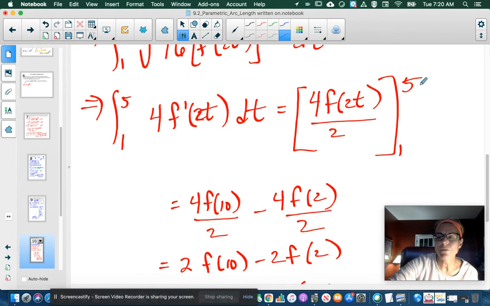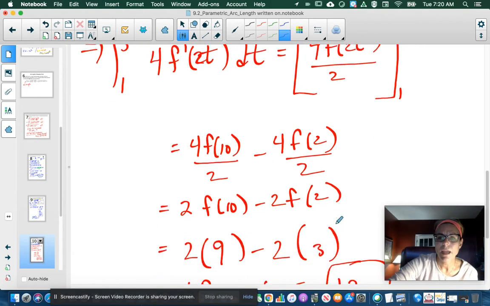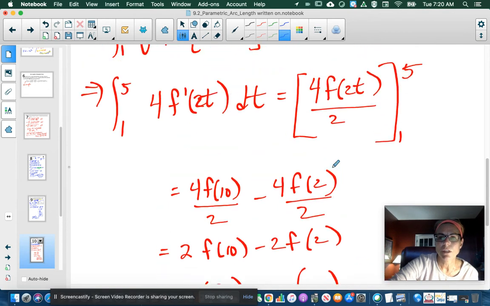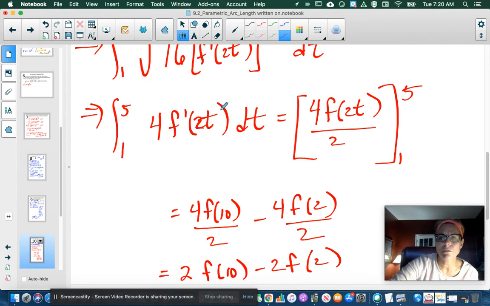So now I use the fundamental theorem of calculus by plugging 5 in for t and 1 in for t, and I get the values of f of 10 and f of 2 from the table above. So I think the biggest piece that students might get confused on is this. Remember, when we're integrating a derivative, we get back to the original.